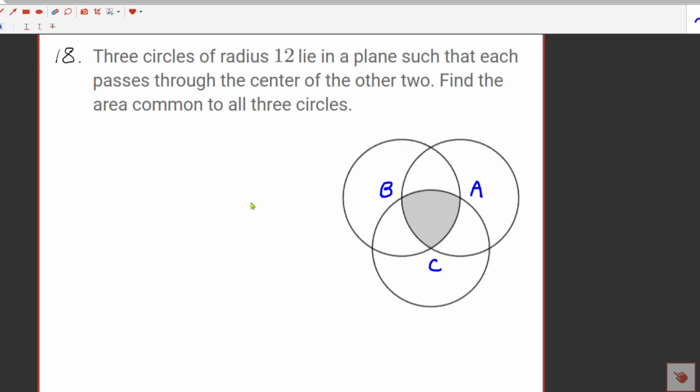Since the circles all have the same radii, and if you connect these points AB, BC, and AC, then each of AB, AC, and BC is a radius of two of the circles, right?